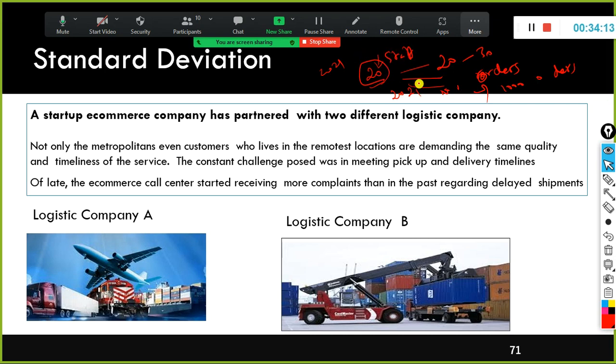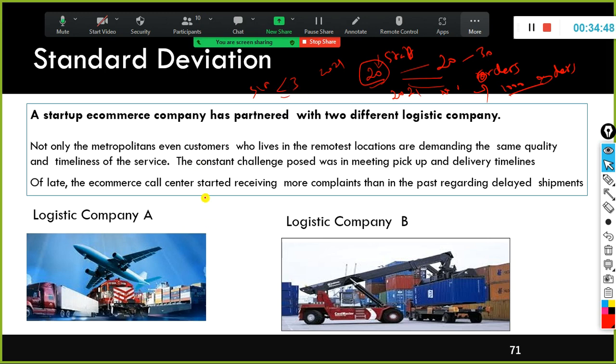With this manpower, do you think you can deliver 1000 orders to 1000 different customers in a month, that too within 3 days? Each order should be delivered on or before 3 days. This is the SLA for each order. With 20 staff, can you deliver 1000 orders on or before 3 days? It is not possible practically.